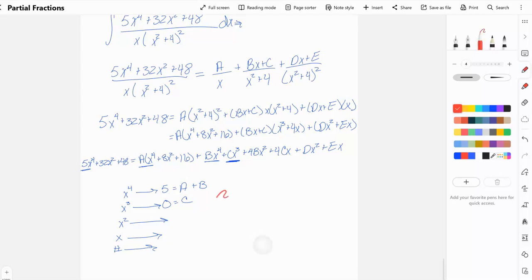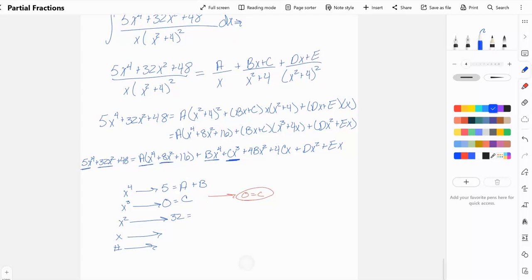So right off the bat, we know c is 0. x squared, I have a 32 on the left. That's going to be equal to 8a plus 4b plus d. x's, I don't have one on the left.